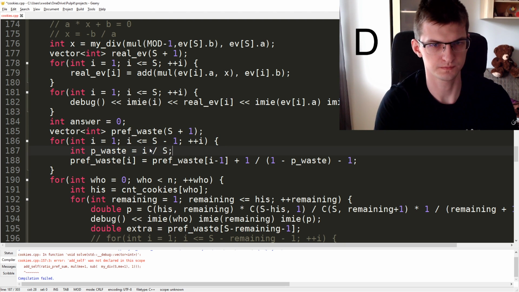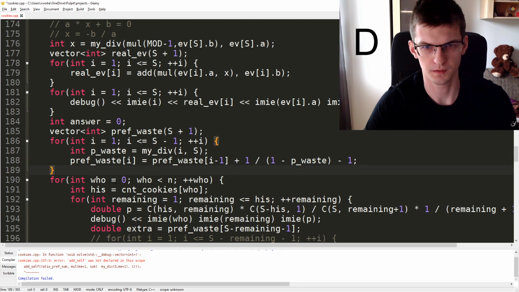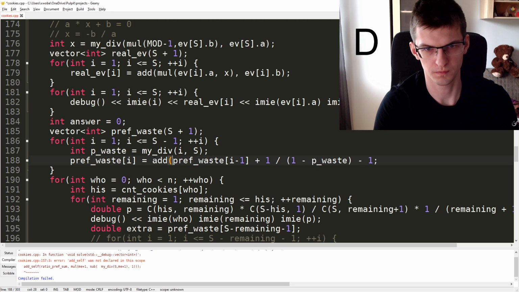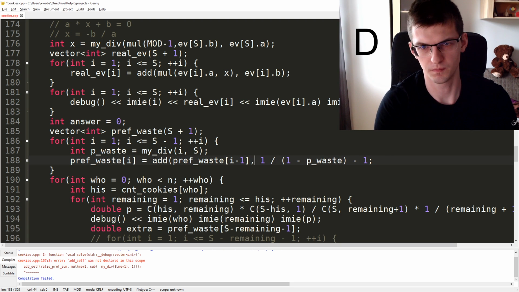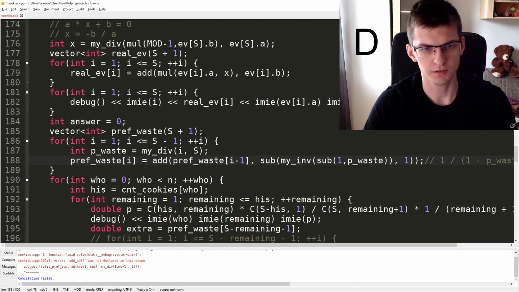Almost there. If you notice a mistake though, let me know in which line. The inverse of this and subtract 1. Oh, it's so easy to make a mistake here.